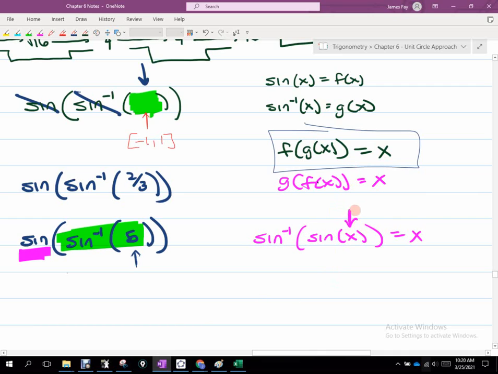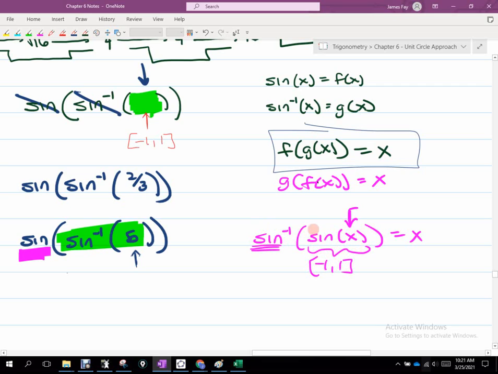But what does that number have to be in order for us to be able to take the inverse? If I put a number in here, okay, let's say I put, this has to be an angle, right? That angle, we want it to be, because what is going to happen here, okay, is that we want a number right here that when I take the inverse out here, we get ultimately the inverse of something between -1 and 1.